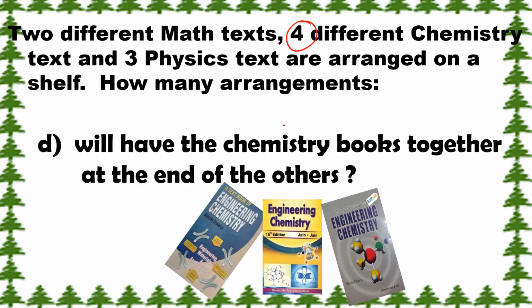At ilan yung natitirang books natin? We have 2 math books and 3 physics. So kung sabi kung together, we will count this as 1. So, ilan lahat? 2 plus 3 plus 1 is 6.